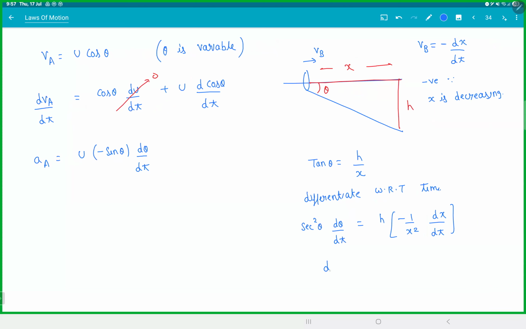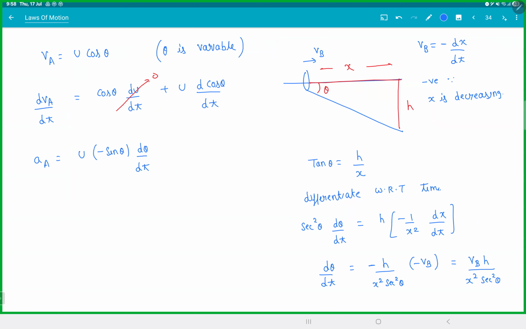So from here d theta by dt is equal to minus h by x square secant square theta, and dx by dt is minus vb. There, we got d theta by dt. This is vb h by x square sec square theta.